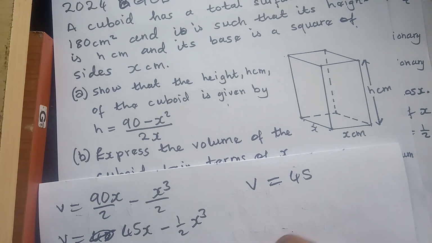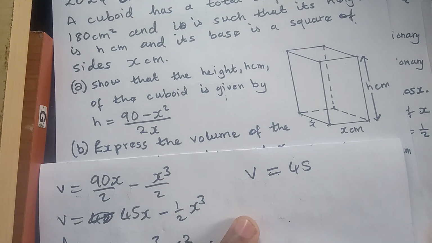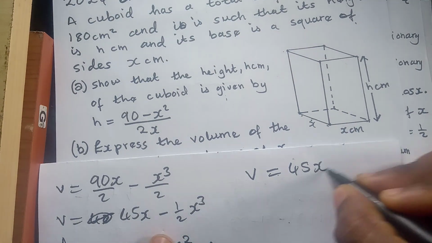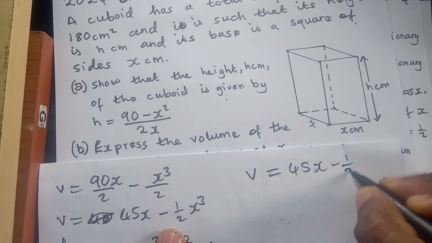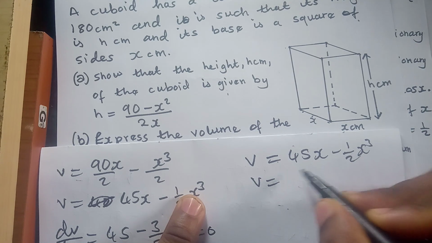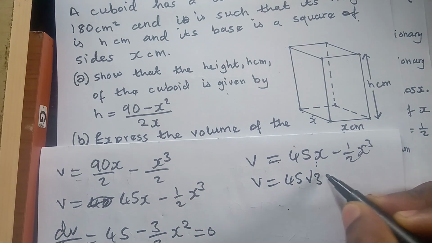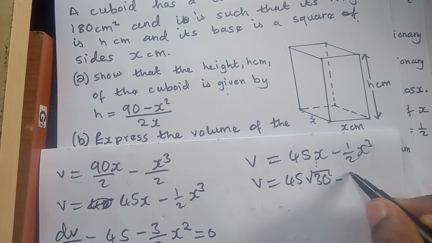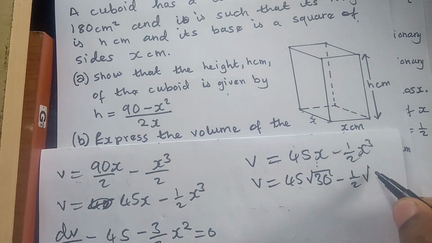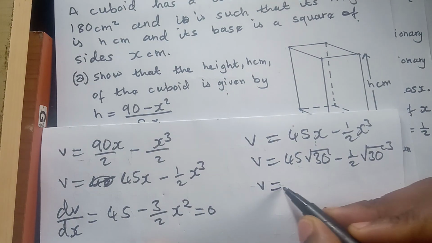Whether you use this or the first one, it's still the same. So V is equal to 45x minus half x cubed. So we can substitute the x value there, which is the square root of 30, minus half multiplied by the square root of 30 to the power 3.